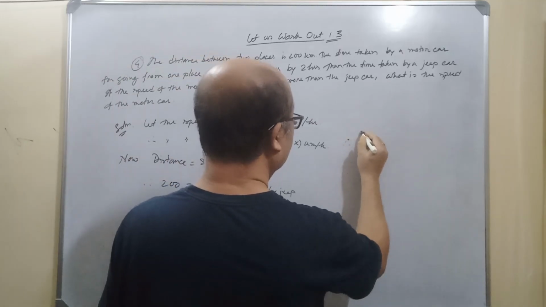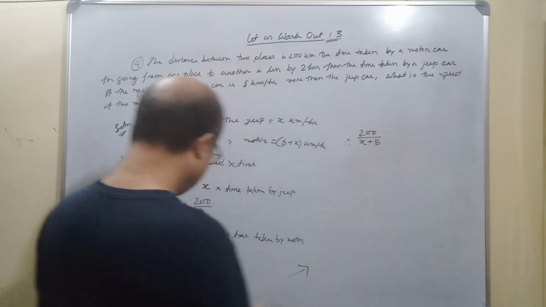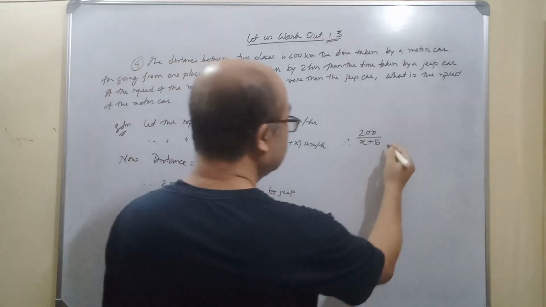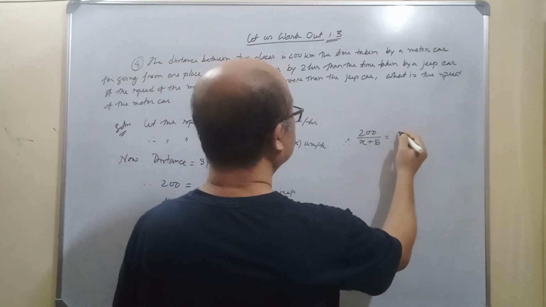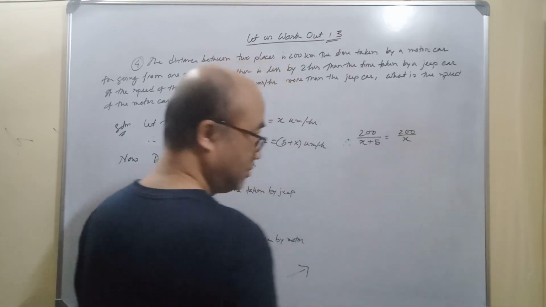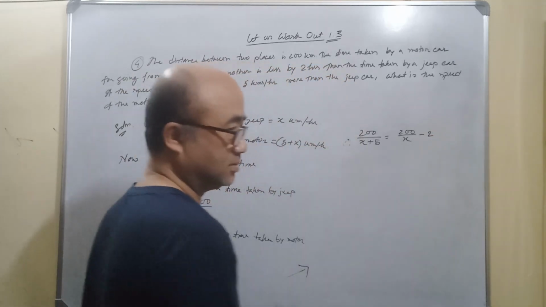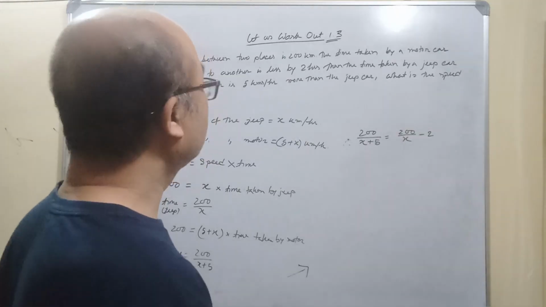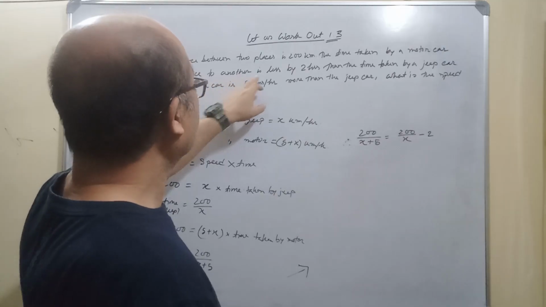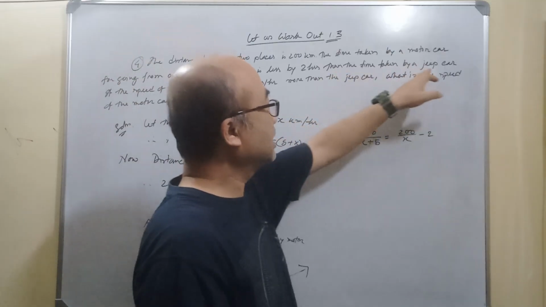Hence 200 by x plus 5, this is the time taken by the motor. This is actually equal to time taken by the jeep minus 2 hours. Why? It is already given, less by 2 hours than the time taken by jeep car.